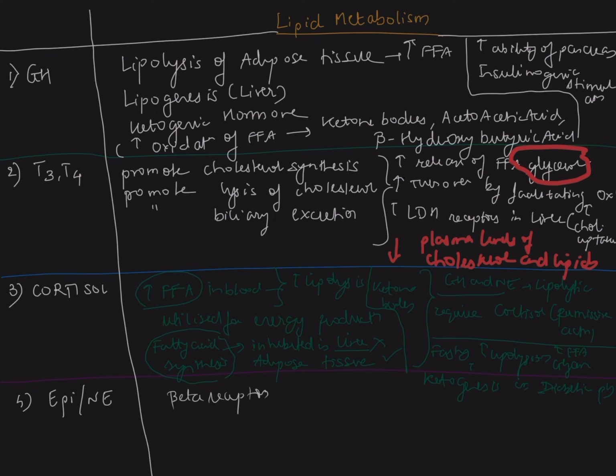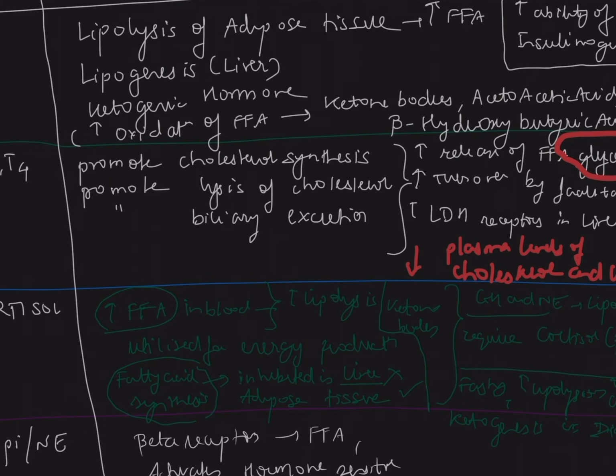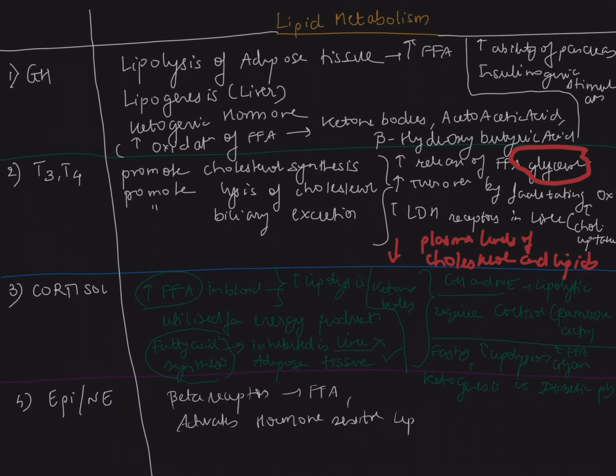Now, when it is acting on the beta receptors, it will mobilize the free fatty acids. When it is mobilizing the free fatty acids, it also does one more thing. It activates hormone sensitive lipases.